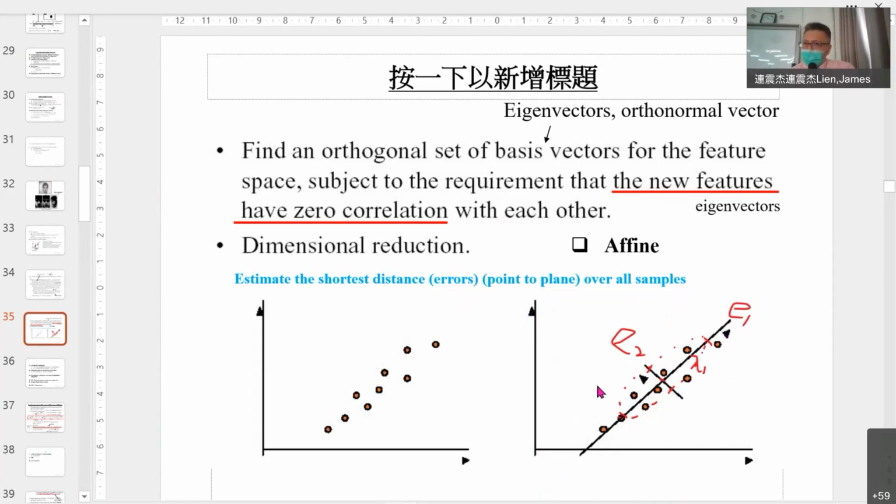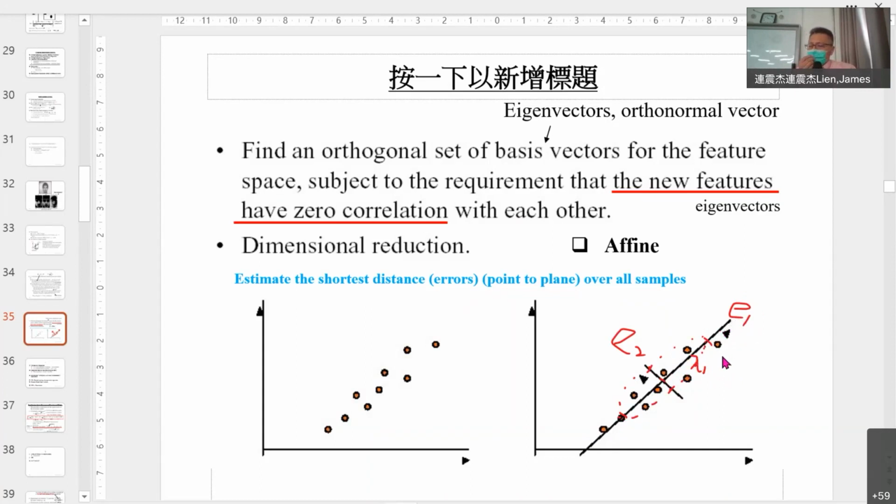In the eigenspace, the distribution means eigenvector 1 has the largest variance, the largest eigenvalue. Eigenvector 1 corresponds to the largest eigenvalue. Eigenvalue is the variance of the Gaussian model.